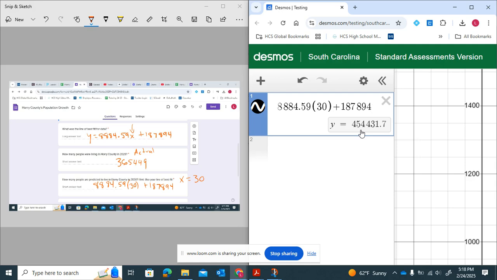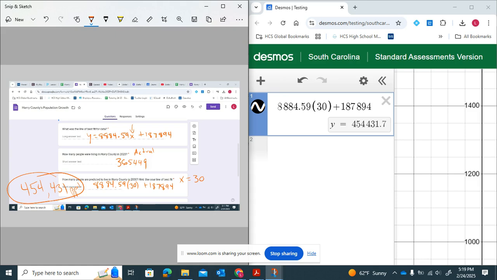Because it's people, we're just going to get rid of the decimal, so there are 454,431 people predicted to live in Horry County in the year 2030. So our answer should have been 454,431 people, because you can't have 0.7 of a person, so we round down. It'd be predicted roughly around that many people in the year 2030.